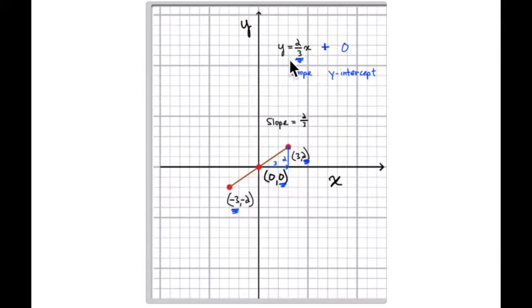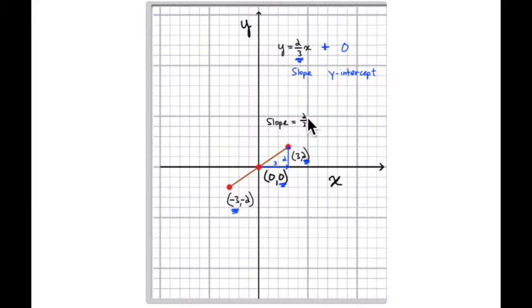So what we know from this equation is that the slope is 2/3, and the y-intercept is 0. Well, with the slope of 2/3, you can go over 3 units in the positive direction along the x-axis, and 2 units along the y-axis in the positive direction. So +3, +2. That's what the slope of 2/3 means.